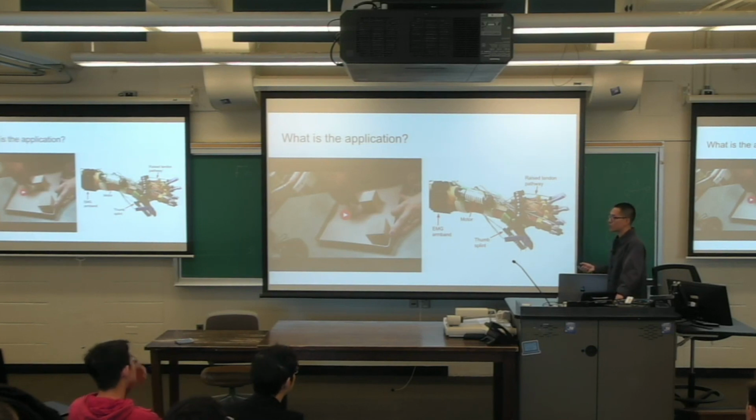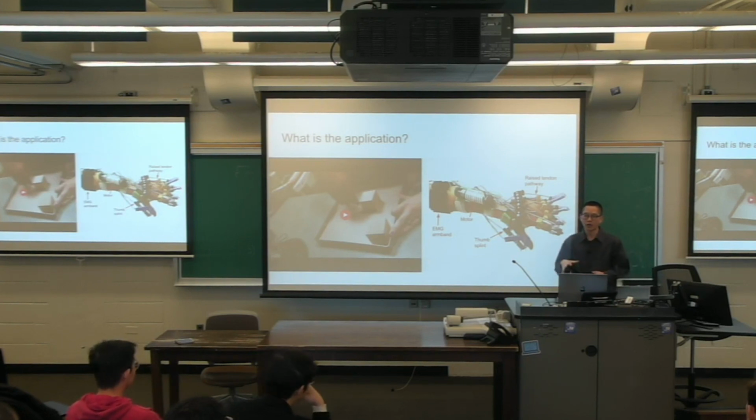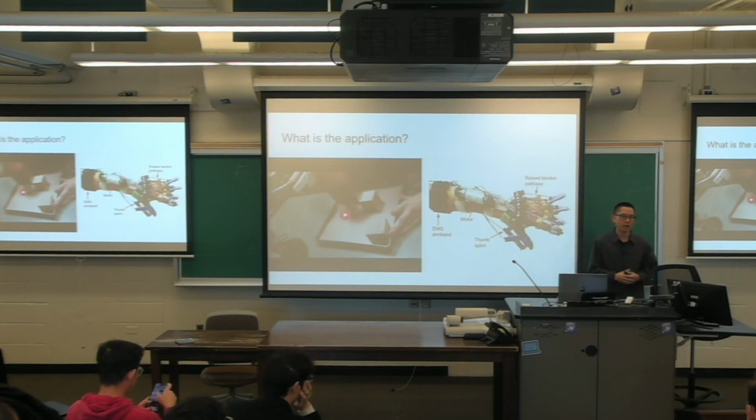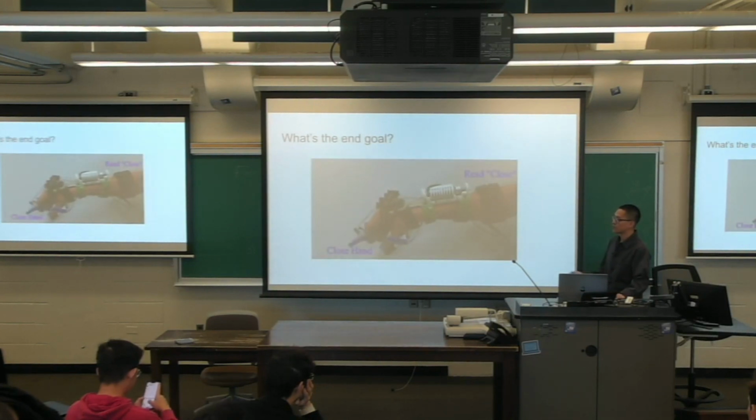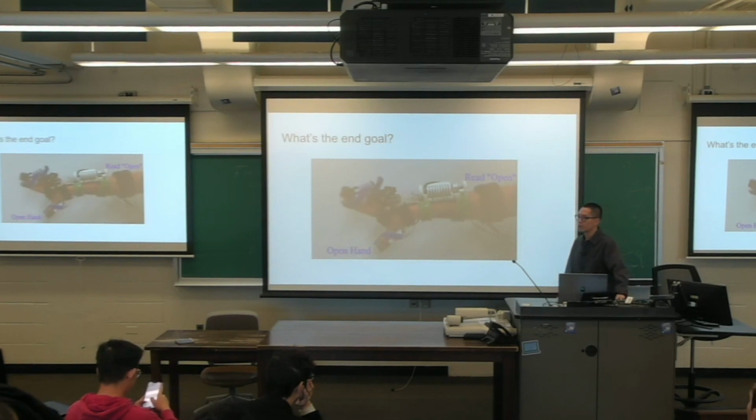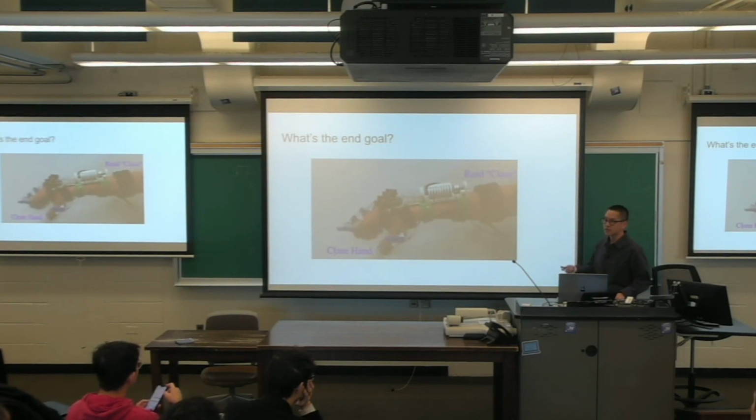So the population we study in this work is the stroke subjects that lose their ability to open their hand out of a closed fist, but they still have their own strength to close their hands. So that's our target population. The end goal of this project is to develop machine learning algorithms that read the EMG signals from this armband and predict the intent of the patient.